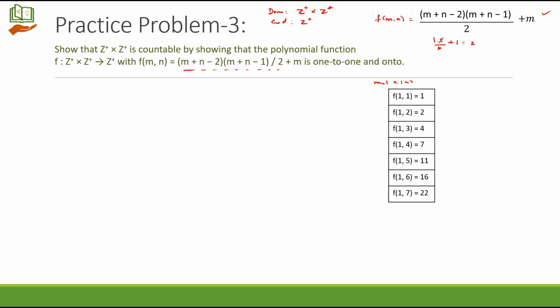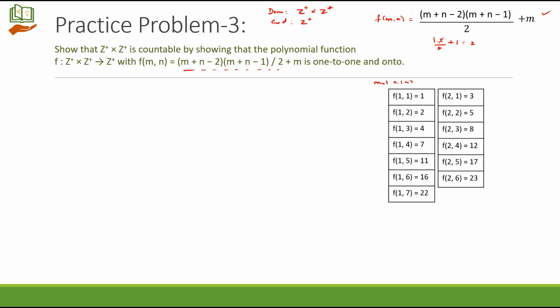Similarly, we have to compute for 1 comma 3, 1 comma 4, 1 comma 5, 1 comma 6 and 1 comma 7. It has been already computed and then mentioned here. If you have doubts, you can compute it separately because this computation is not the main purpose of this particular problem. Now we will go for m is equal to 2, n is equal to 1 to 6.